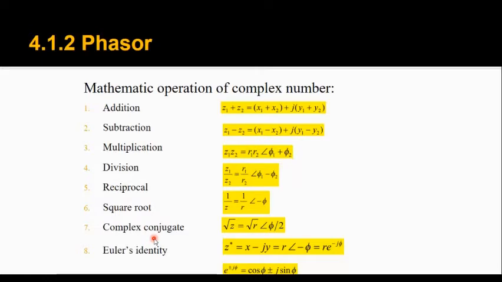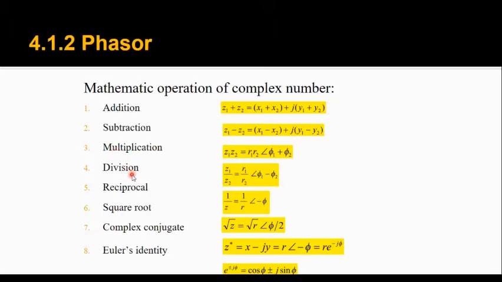Okay, for the mathematical operation of complex numbers, there are 8 operations. So you do the addition, the subtraction. See here how you want to use the operation. For addition and subtraction, normally we key in the rectangular form. You have the real and also the imaginary number.